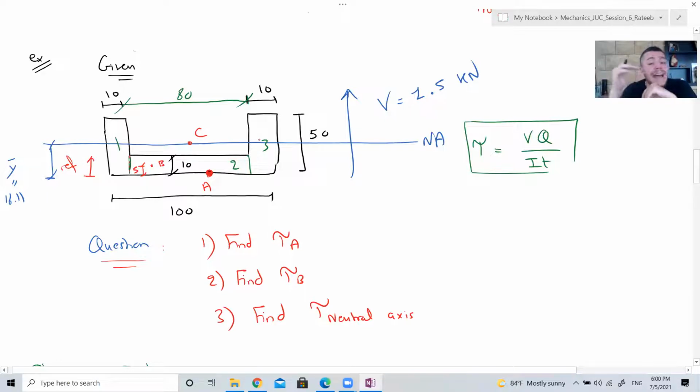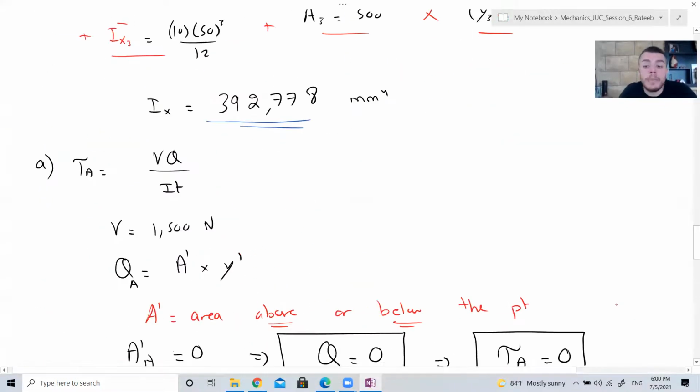I was saying it's easier to take the area above, because the area below is not made up of simple shapes. If you take the area below, you would have to divide it into 3 areas, like we did before. So that's why it's easier to work with the upper area.